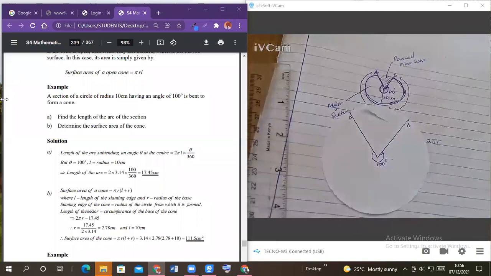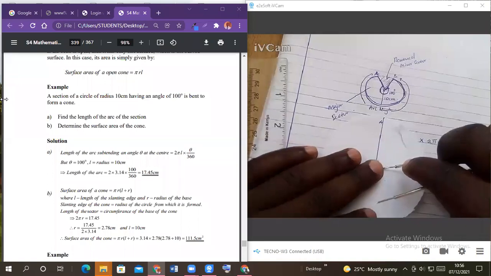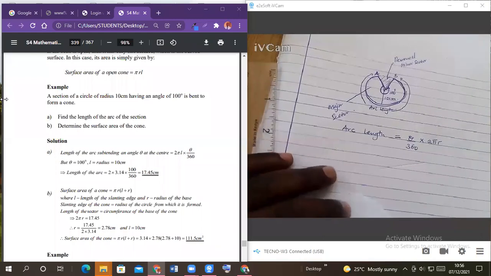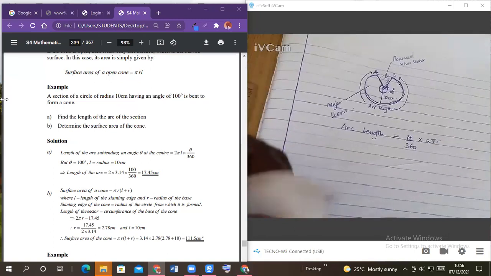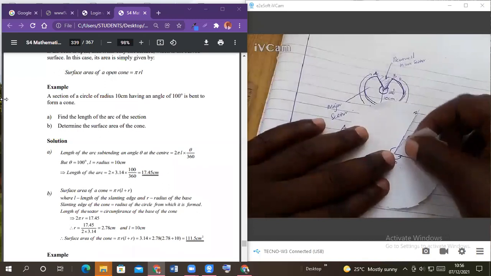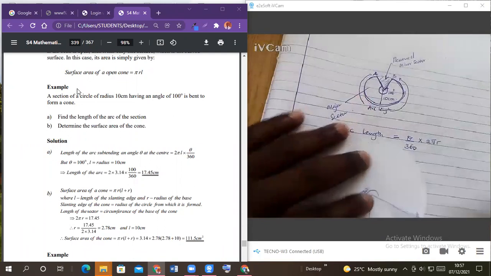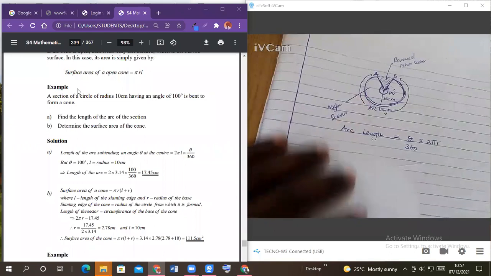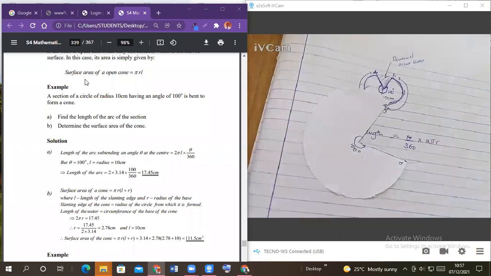So let me just remove this part here. Let me just cut it out. If I remove it out, and it comes out nicely, like that, I've removed it.